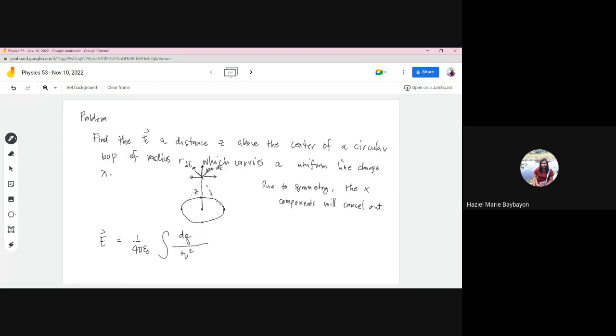This is your theta. So the z component of the electric field is just equal to this multiplied by cosine theta. Okay? So, you have 1/4 pi epsilon naught dq over r squared. Ang iyang direction gani, z hat, no?